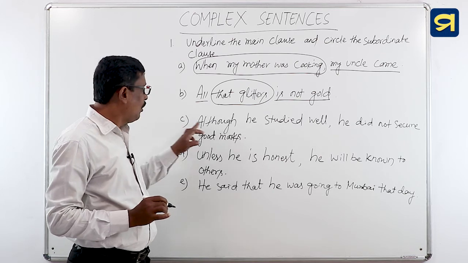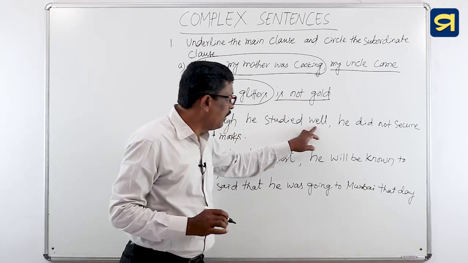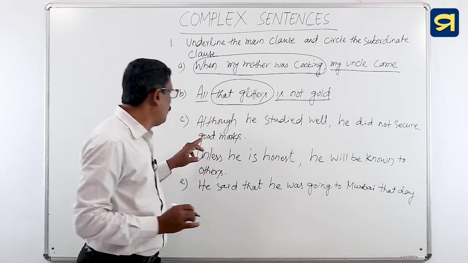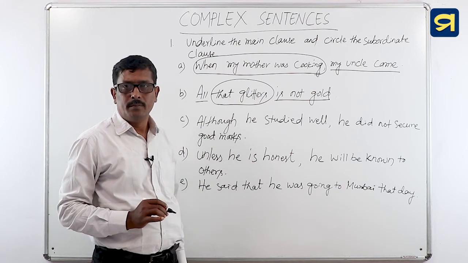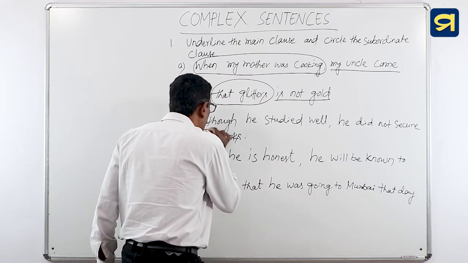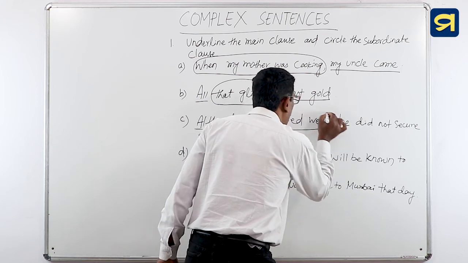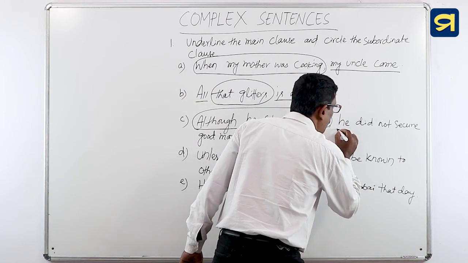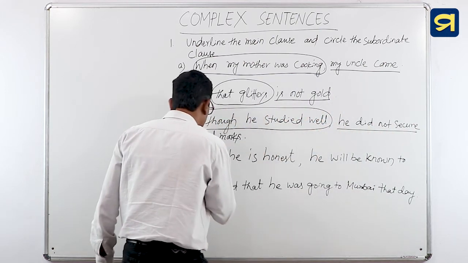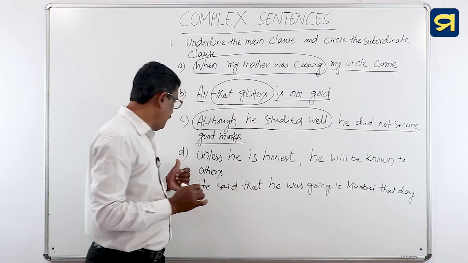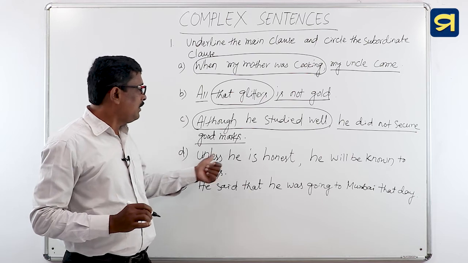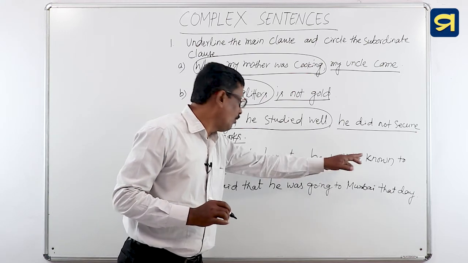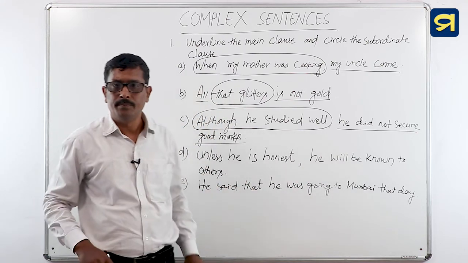C. Although he studied well, he did not secure good marks. Very good. Although he studied well is the subordinate clause, so we will make a circle, and he did not secure good marks is the main clause. D. Unless he is honest, he will be known to others.